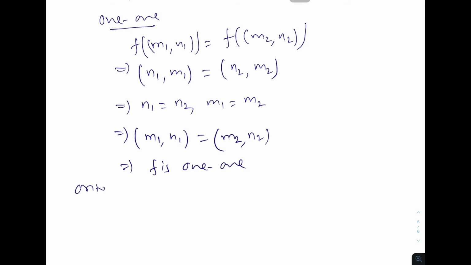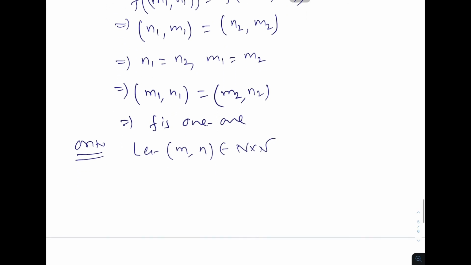Now what about onto? Onto is also there. Let (m, n) belong to N cross N. Then can you say (n, m) belongs to N cross N?